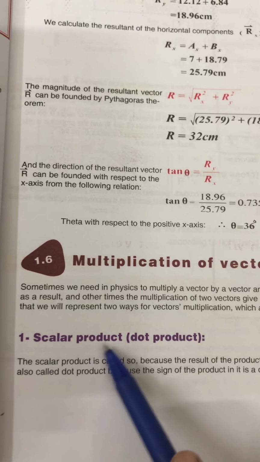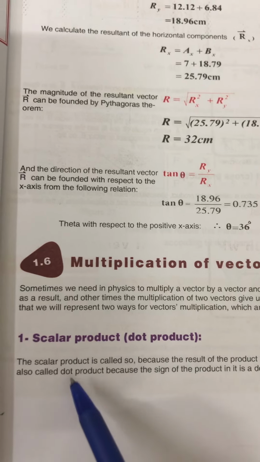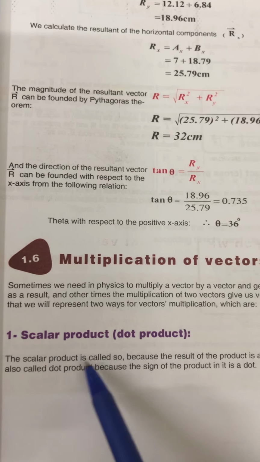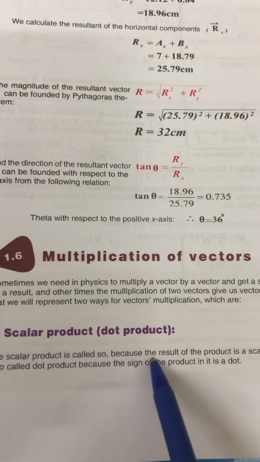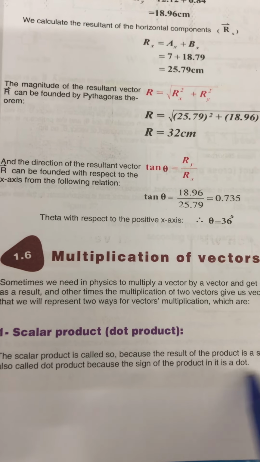The first way is the scalar product, or dot product. The scalar product is called so because the resultant of the product is a scalar quantity.